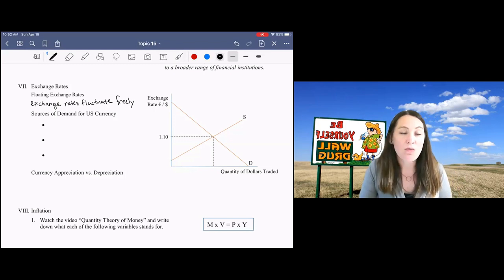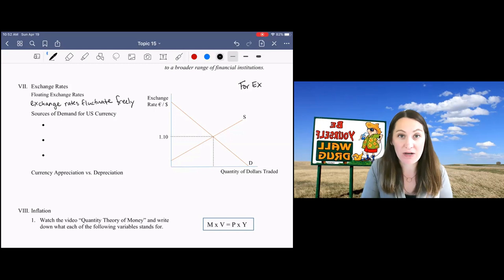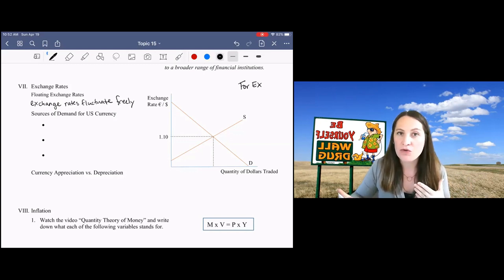All right, so what does a foreign exchange market look like? Sometimes these are called Forex markets, which stands for foreign exchange markets. They're markets where you trade one currency for another. So in this market, we've got euros for dollars. And for any market, we could write it one of two ways, right?